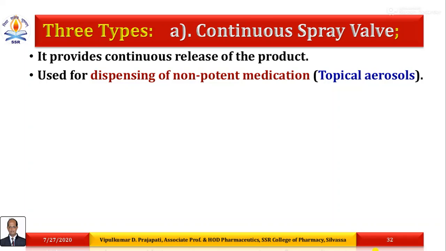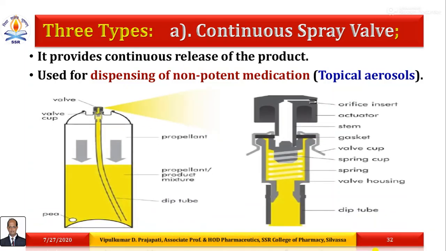So when non-potent medication is required, this type of spray valve is used in pharmaceutical aerosol containers. So this is the figure which indicates the type of continuous spray valve and the parts of continuous spray valve.